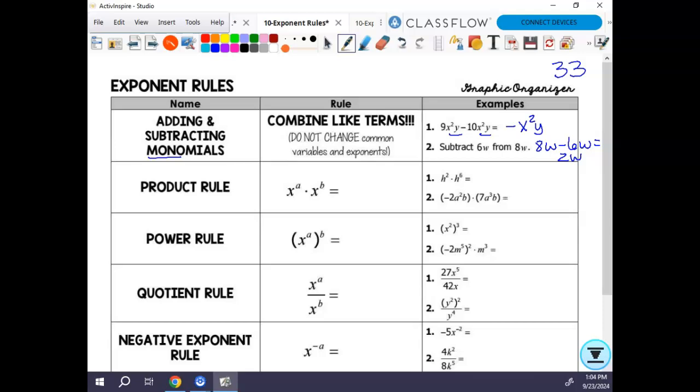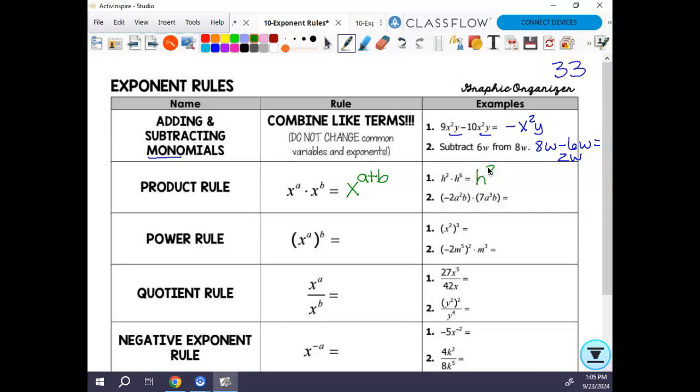All right. So then on to the product rule. I'm multiplying two bases, and what do I do with the exponents? Add them. So this becomes x to the a plus b power. So here, h squared times h to the 6th would be h to the what? 8th.